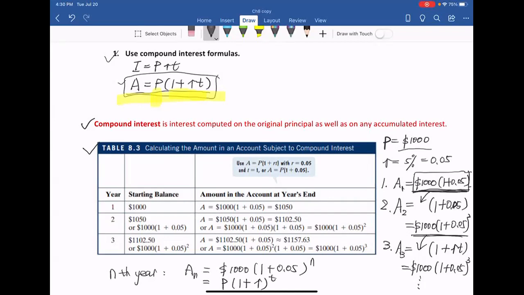Oh, I'm sorry. This is a year. This is year T. Oh, n years. Yeah, that's the same. Actually, if I put T here, T years.